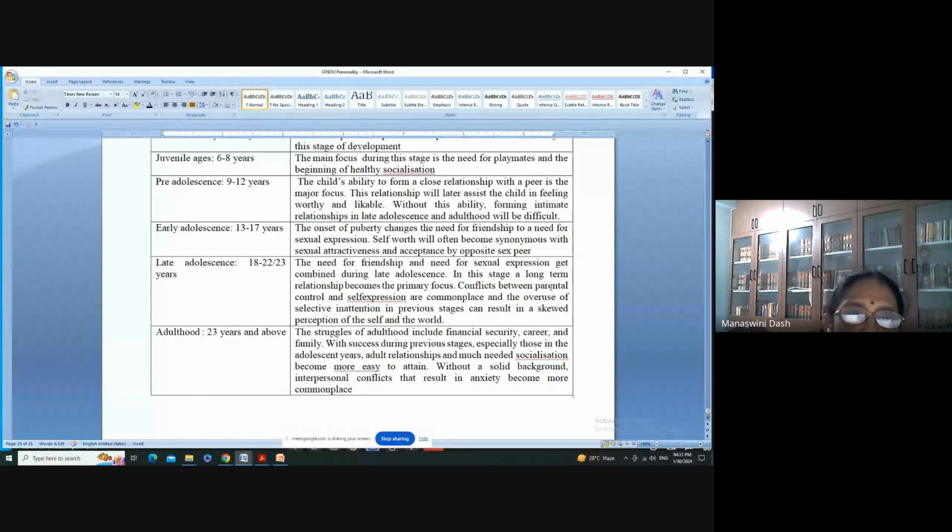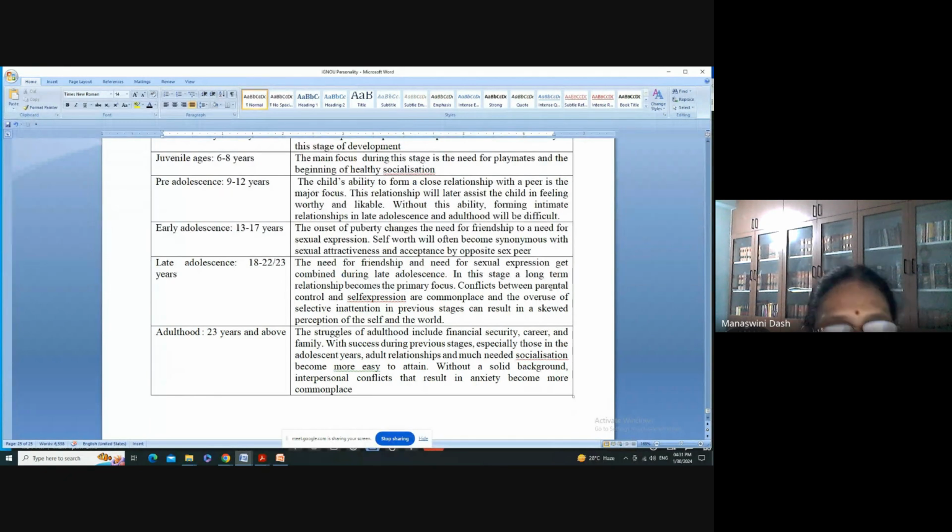Sixth stage is late adolescence, which lasts from 18 to 23 years. During this stage, the need for friendship and the need for sexual expression get combined, and a long-term relationship becomes the primary focus.